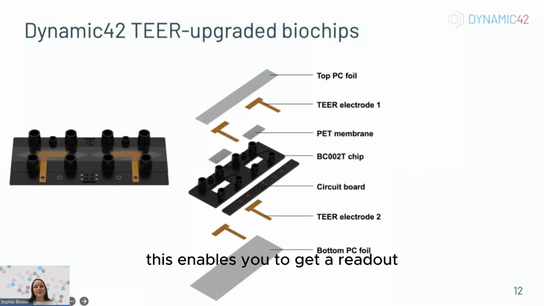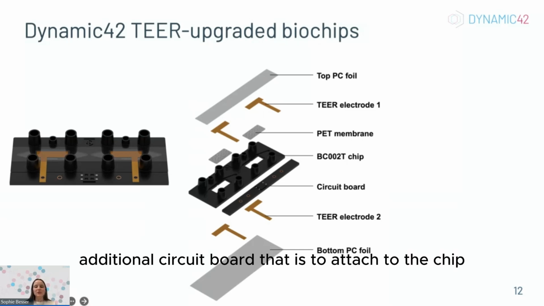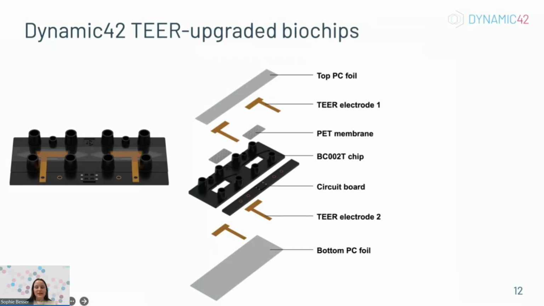This enables you to get a readout throughout the tissue and check if the barrier is intact or not. We also added an additional circuit board that is attached to the chip. This circuit board enables the contacting of the electrodes and the signal transmission.